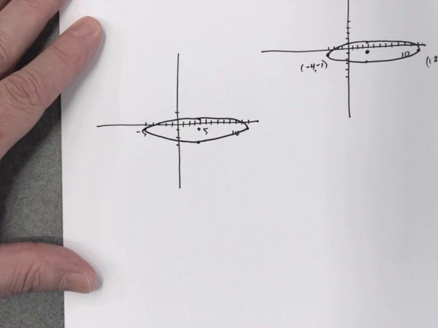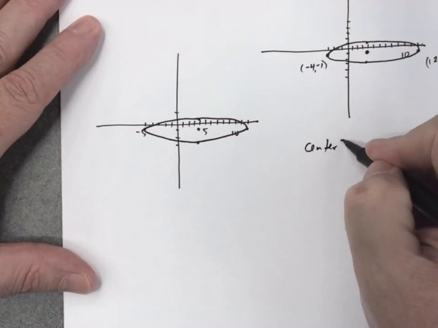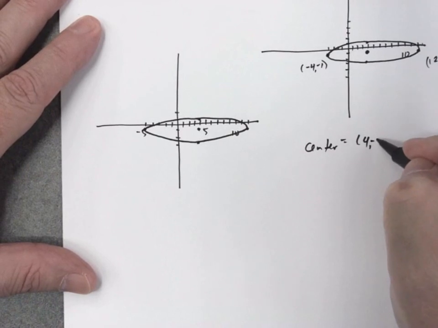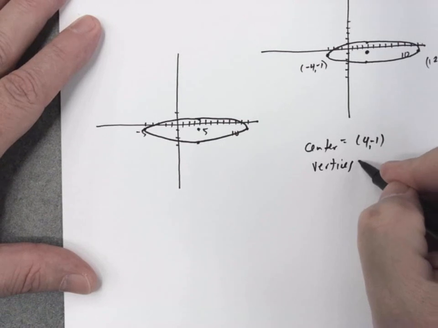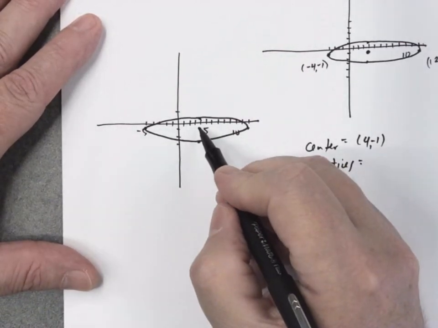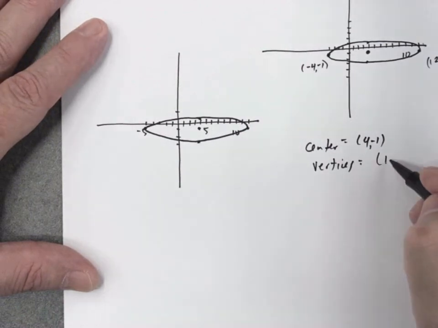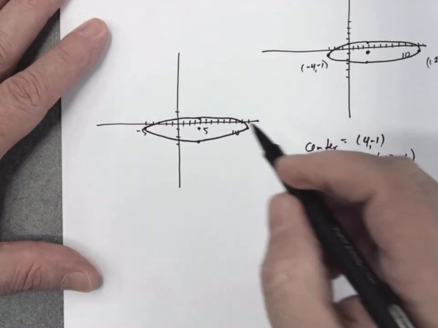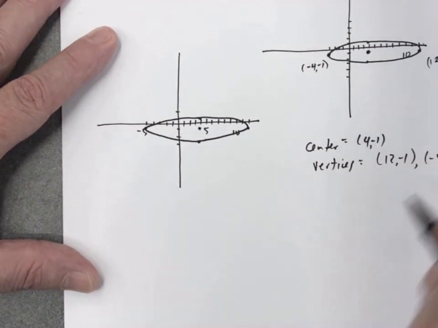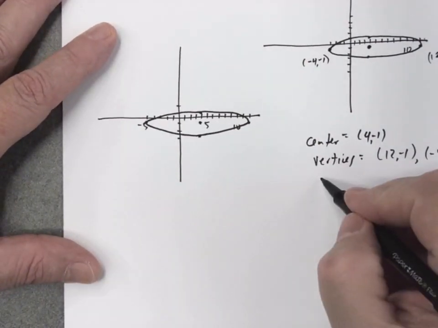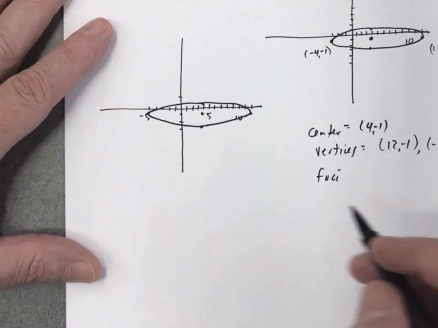Okay, so from up above, we said the center is 4, -1. Now the vertices, we started at 4, -1. We moved 8 to the right. So that's 12, -1. And then 8 to the left, which put us at -4, -1. Now for the foci, we have to find that distance c.